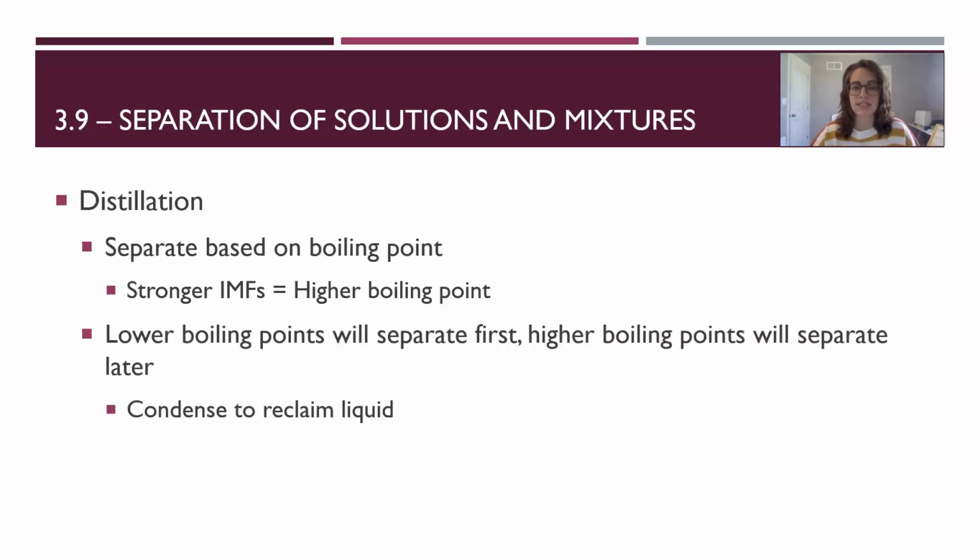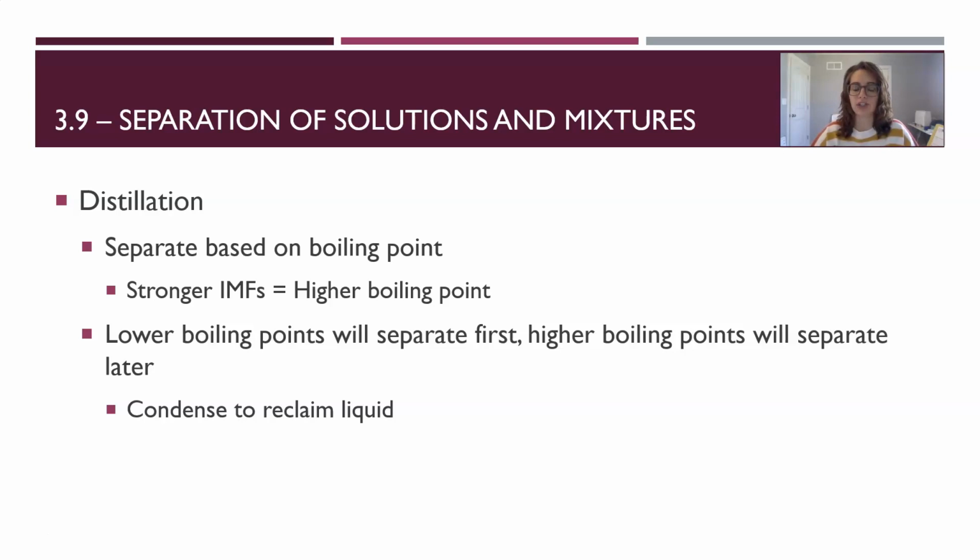One of the primary ways that we do this is using distillation. Distillation relies on the boiling point of the different liquids in the solution. Anything that has stronger intermolecular forces is going to have a higher boiling point. So if you have a solution with 3 or 4 different liquids, whichever liquid has the stronger intermolecular forces between those particles is going to have a higher boiling point.